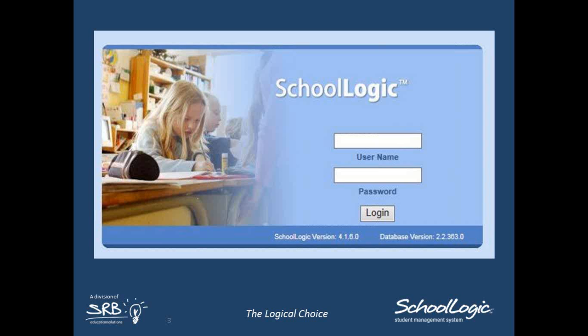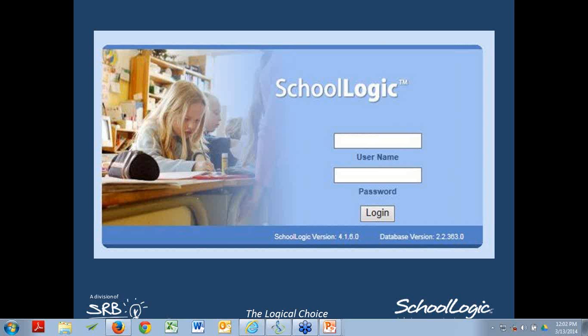For our demonstrations today, we are running the latest, greatest version of SchoolLogic 4.1.6 in front of a database of 2.2.363. You'll see me working today in Internet Explorer 11, and I just want to throw in a quick note about IE 11. First of all, SchoolLogic, TeacherLogic, HomeLogic should work in any of the modern browsers, Safari, Firefox, Chrome, IE.